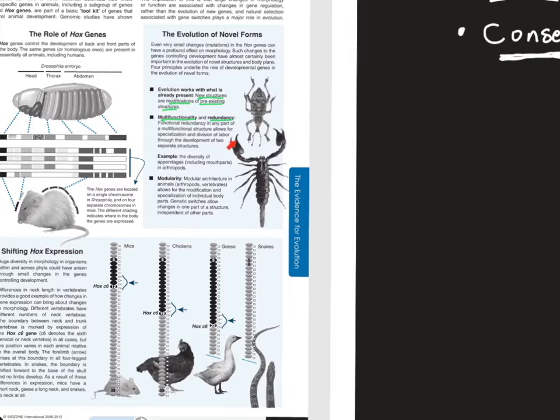Here's two insects. You see, well, actually one insect and one arachnid. Remember, arachnids have eight legs, where insects have six. Where the insect has antenna, the scorpion has developed those antennae into pincers and uses them to tear apart its prey and eat it.